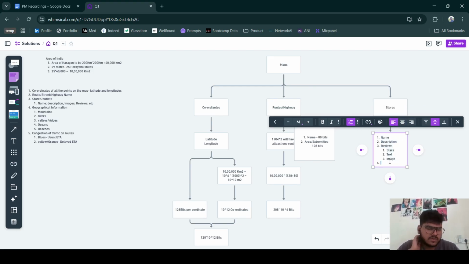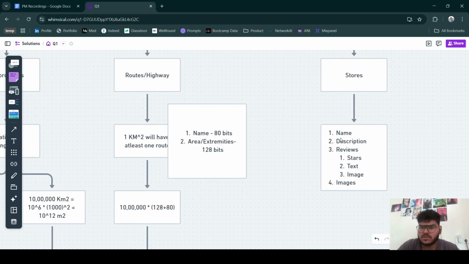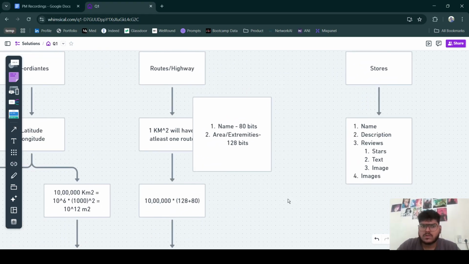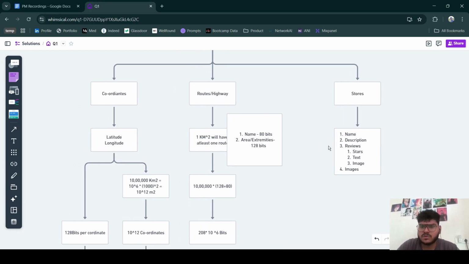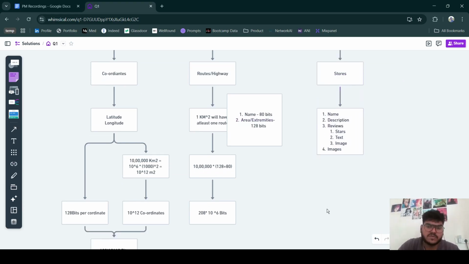And images uploaded by the store owner. For each store, the coordinates are already covered here, so we're not going to include them again.